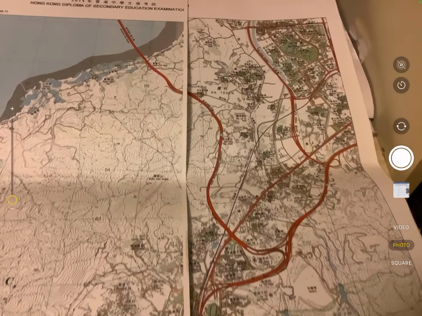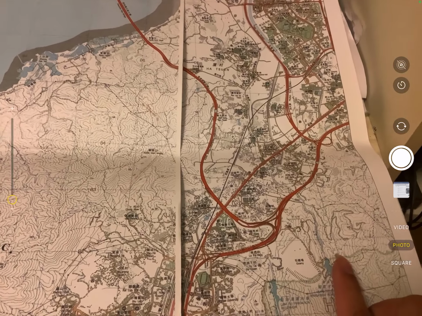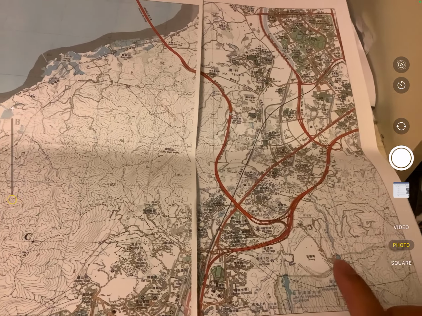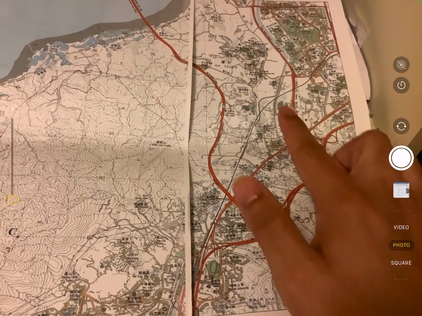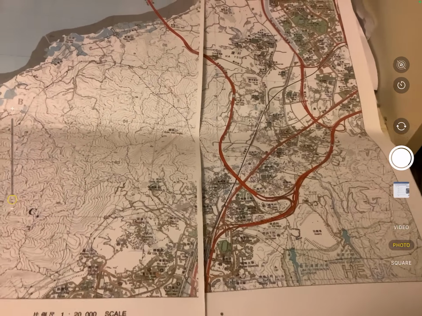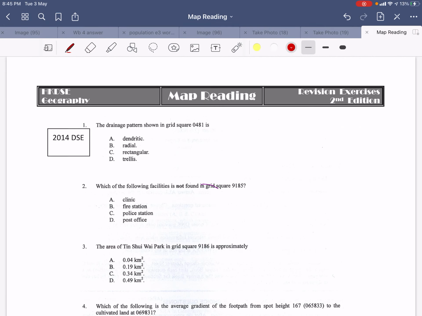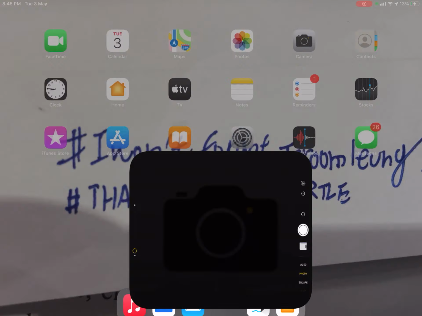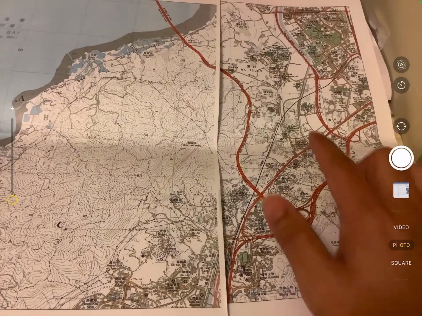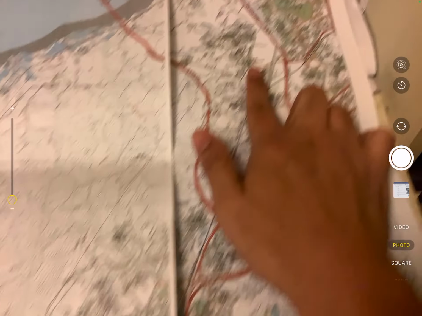Right here, because it's a bit complicated, because right here it is the intersection. Okay, and then line 1 is here, and then H5, isn't it? Line 1 H5. H5 should be here. Then what can you see?